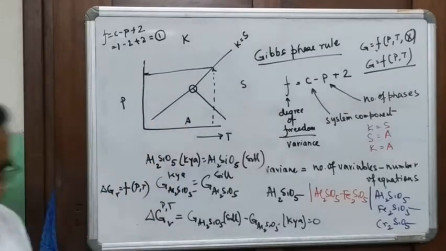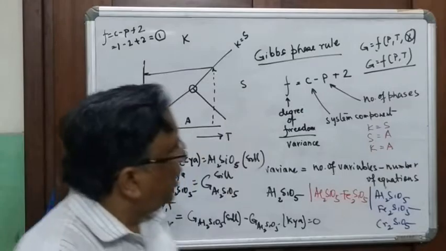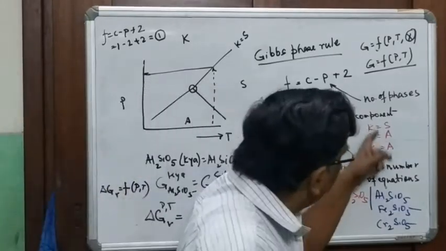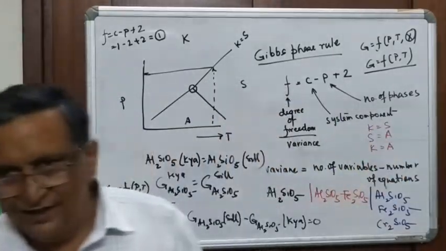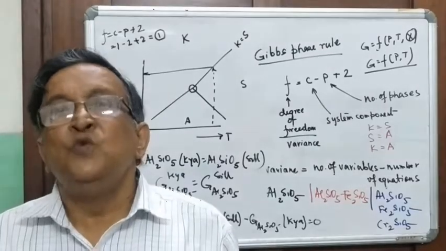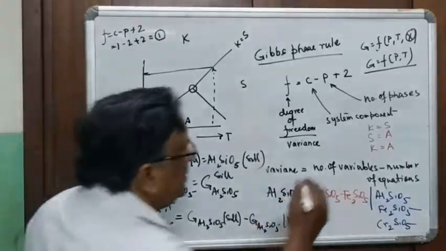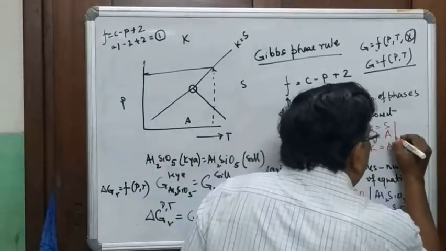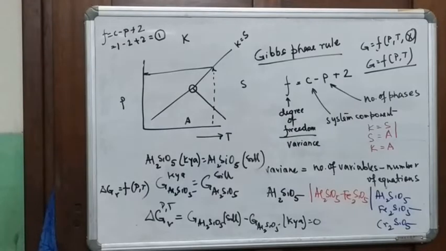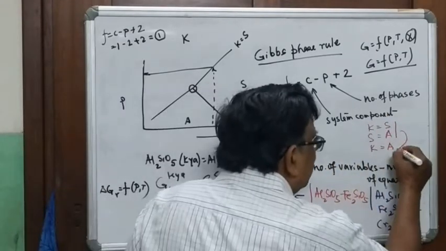Yes or no? Now you see a trick here. Although you see 3 reactions, they are not all true. I will tell you what true means. If I take these 2 and eliminate S, I get back this.